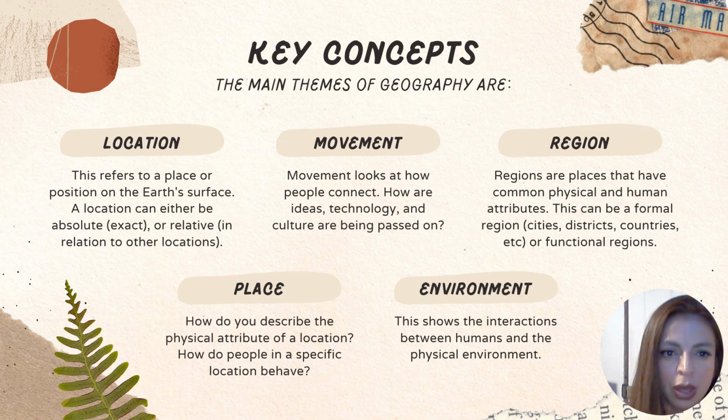The place is basically a description of the physical attributes of the location, and the place basically tells us how people in a specific location behave as well.